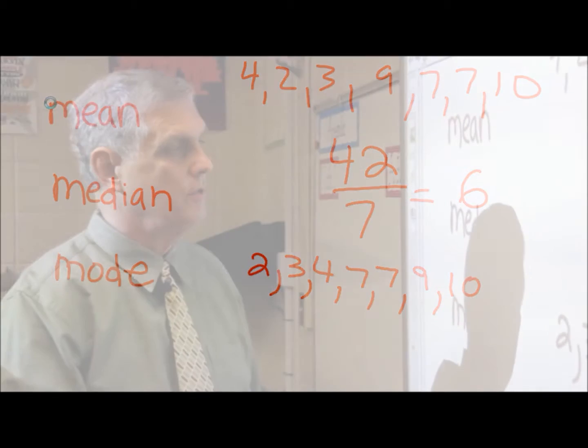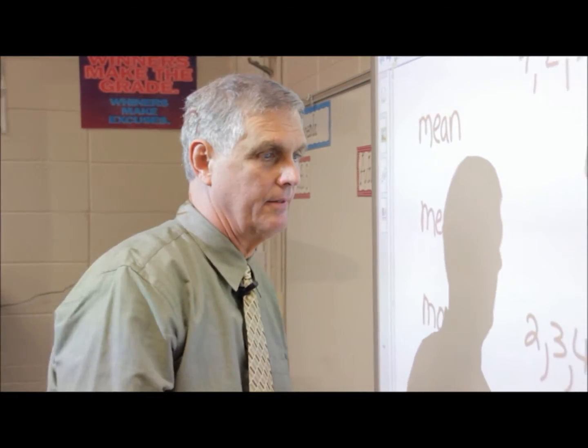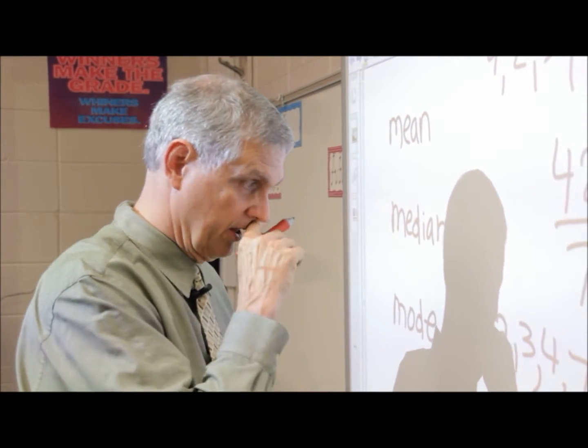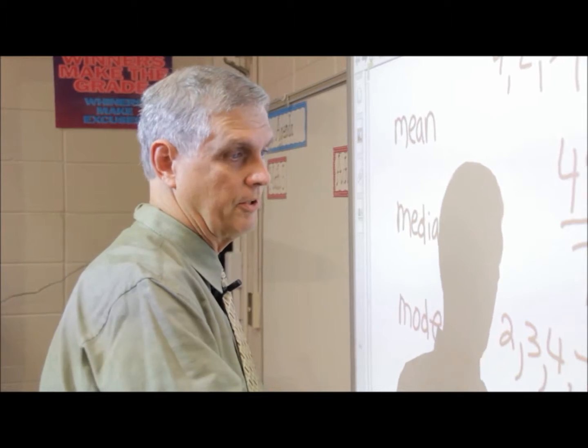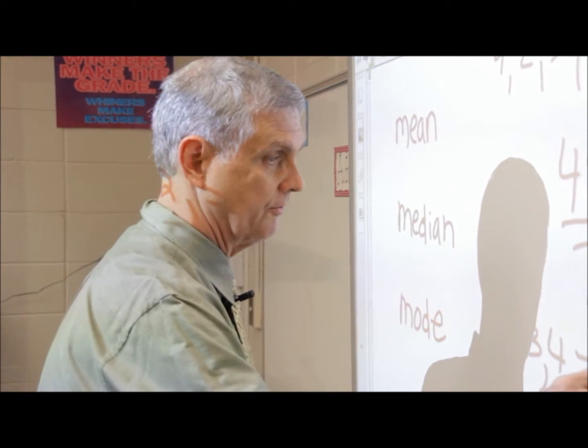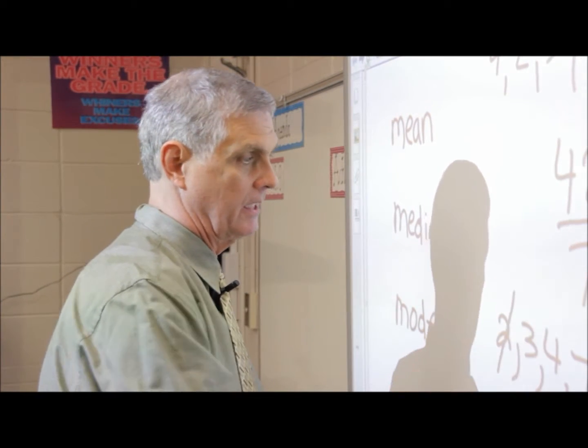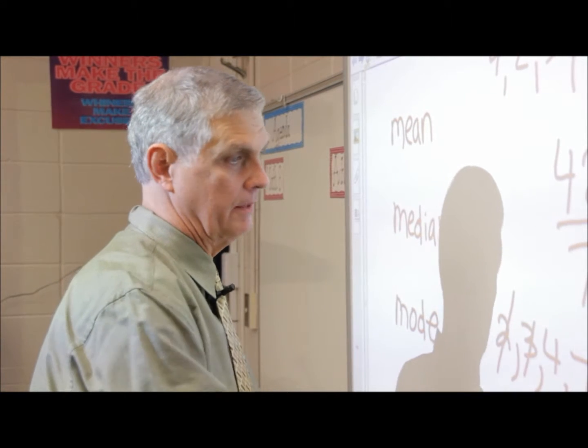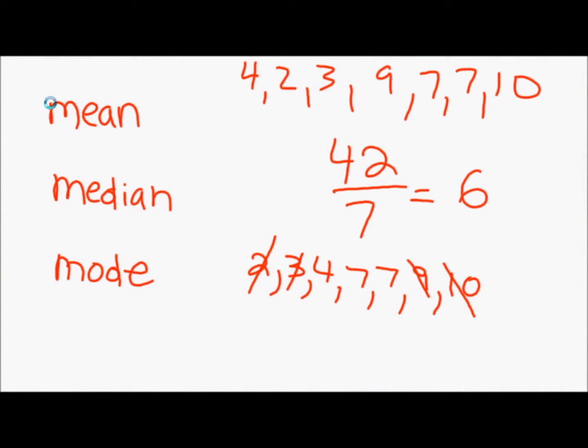Now what you have to do then, and the way that I was taught many years ago, was just start marking off from the sides and try to find where the middle is. We go here, mark that off, then we go from here, mark that off, then we go from here, mark that off, and we find out that our middle number is 7. So the median in this case would be 7, which you see is different from the mean.